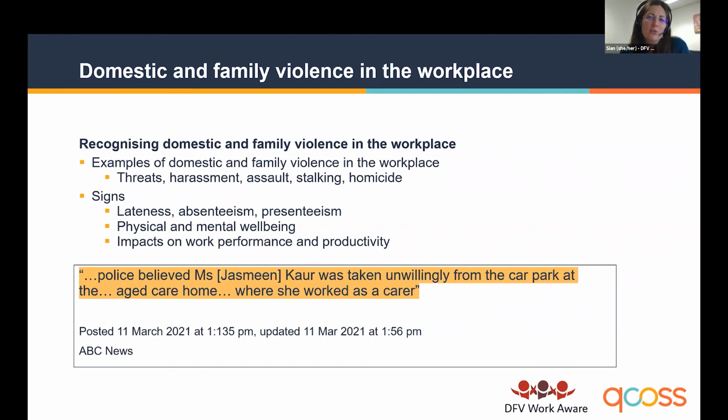Now, signs for an employee who may be using violence can actually be quite similar. For example, they might be quite distracted because they're actually using their phone or their computer to monitor or harass the person that they're abusing. However, we also know that people who use violence can be very good at impression management, so it can be quite hard to pick up.